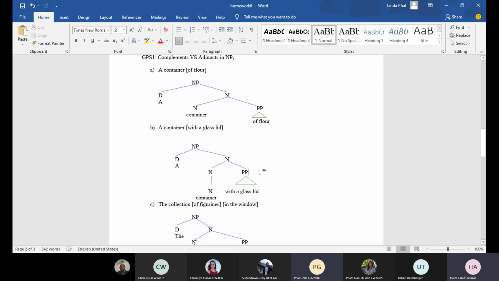Yes, very good. So it's easier to judge whether this one is an adjunct or a complement. Yes, that's right. So this is the right tree. I fully agree. The question is how we can show this with tests, and Molukan would like to say something.